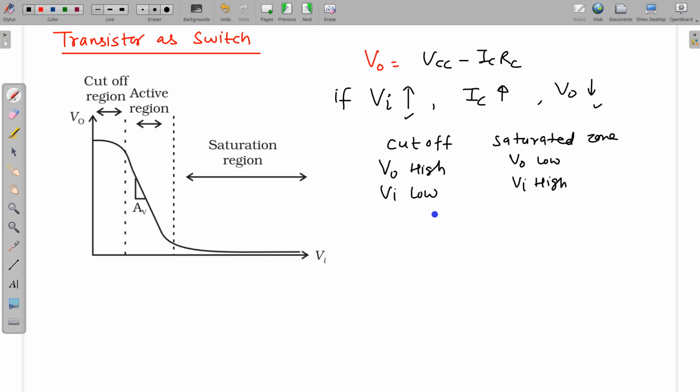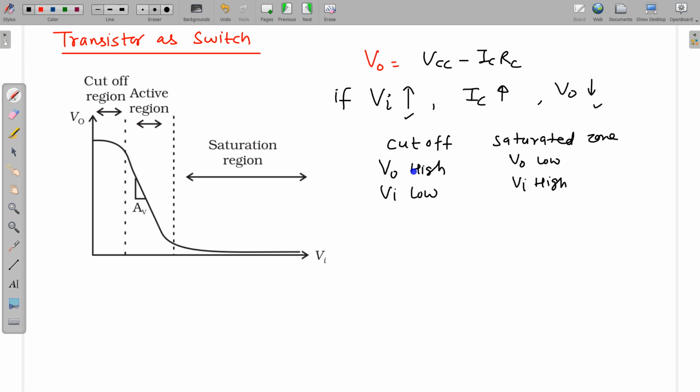So we can switch this circuit from high to low when we switch the circuit from cutoff to saturated zone. So this transistor can act like a switch between high output and low output when we use it in cutoff and saturated zones.